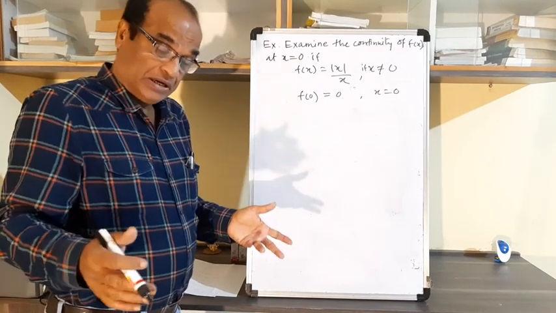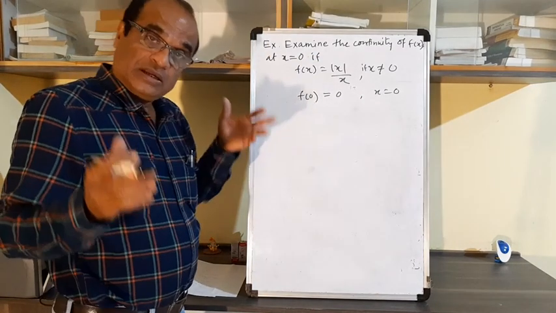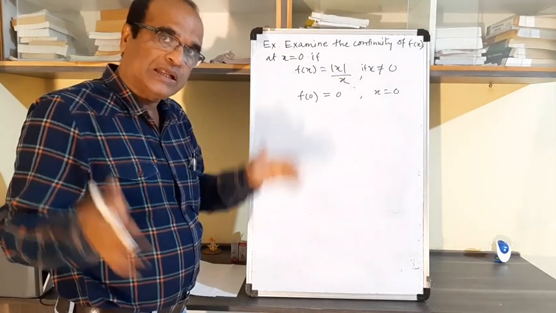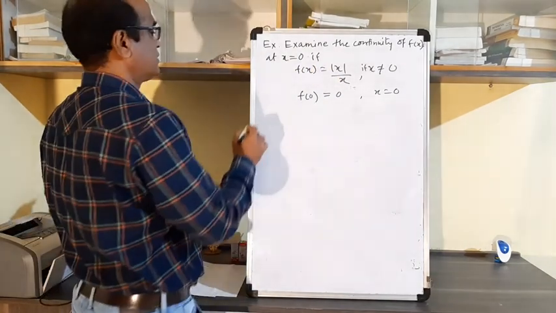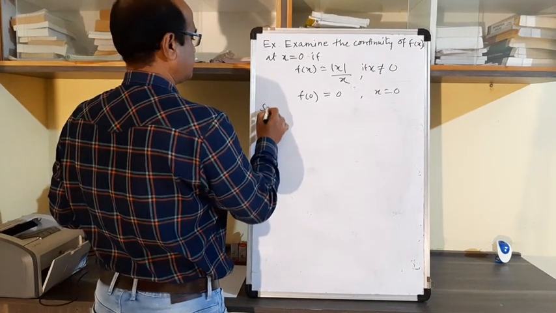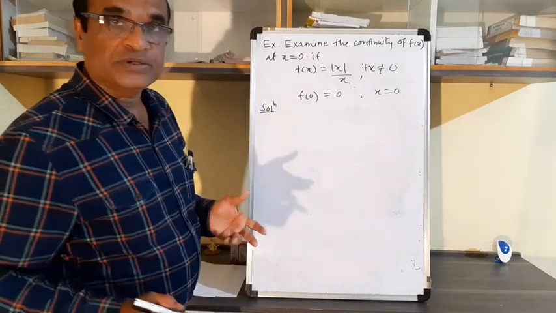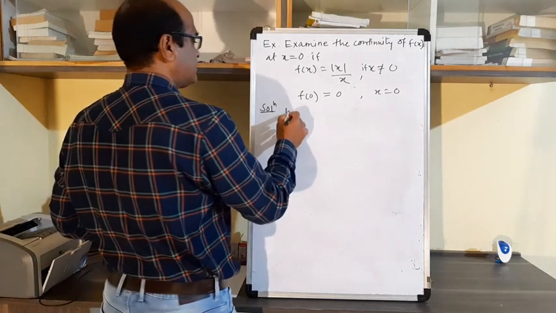Is it a continuous function? We check whether this function is continuous at x is equal to 0. So what is the solution here? What is the definition of mod x?